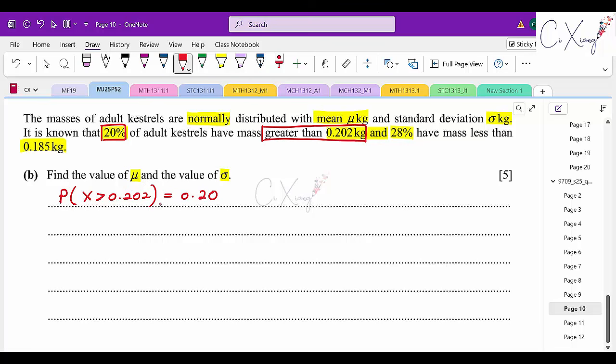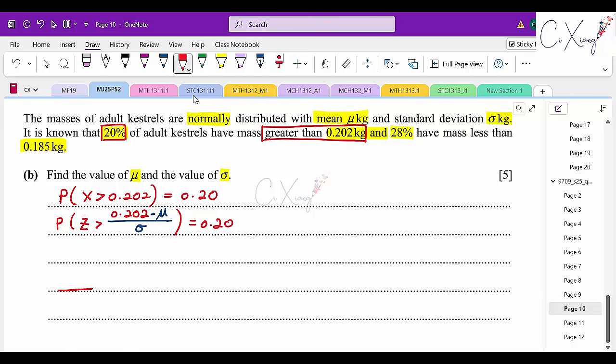This is the first information from this sentence. Since it is normally distributed, I have to change x to z, by subtracting the mean and dividing by the standard deviation, which I don't know the values of, but I know it equals 0.20.